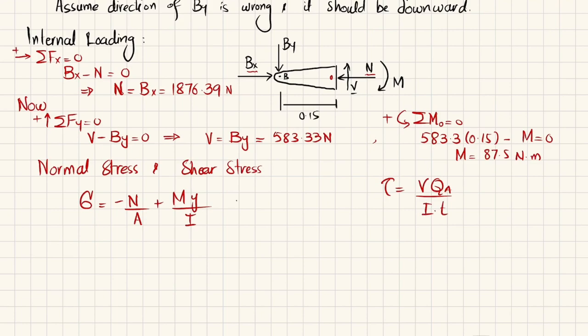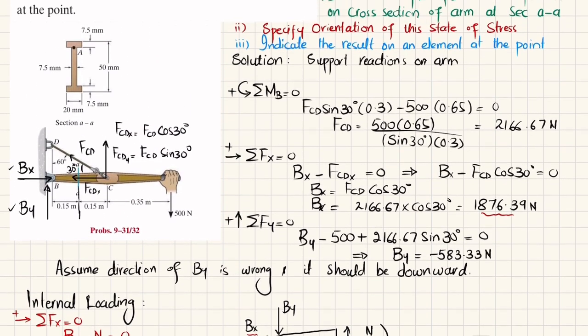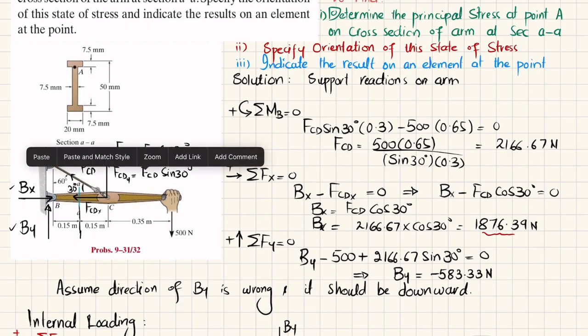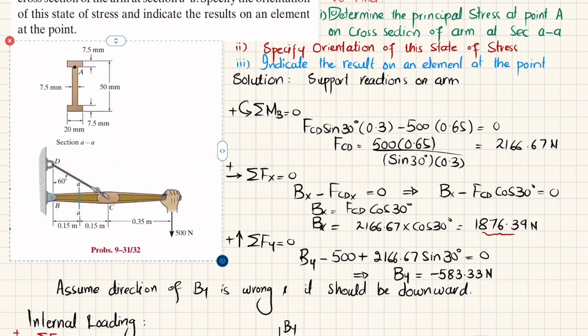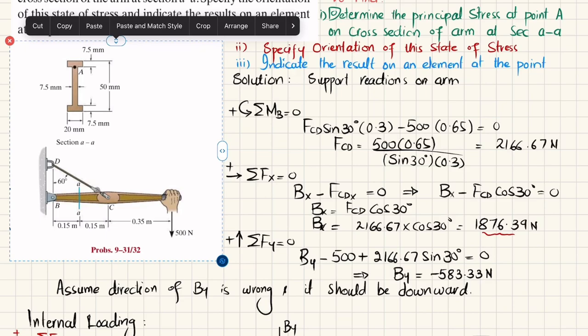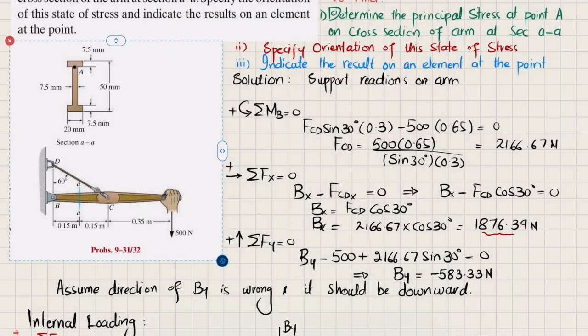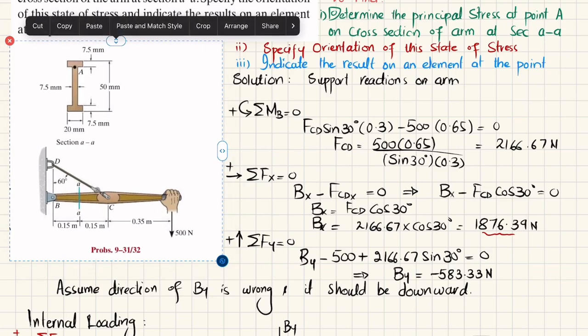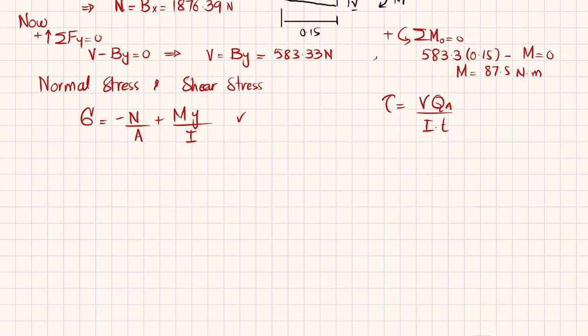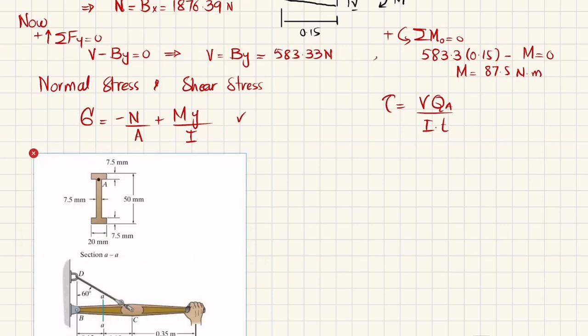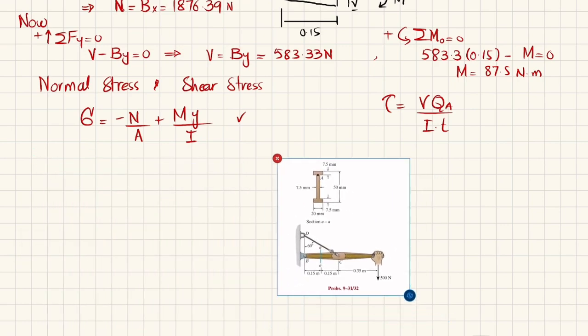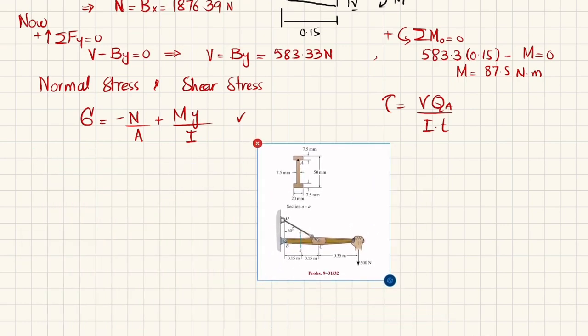So first we will concentrate on normal load. For that we need A and I, which are the section properties. You can see over here, if I take it downward, let me copy it and paste it over here. So this is the cross section. What we will do is find the area.